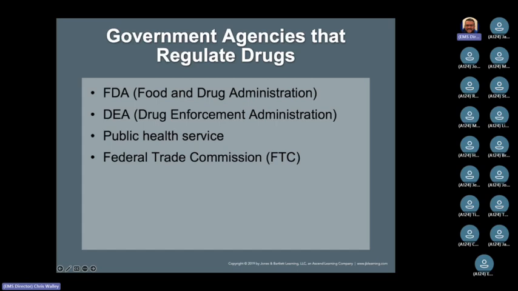This was created by the Federal Controlled Substances Act of 1970, and this is a particular division of the Justice Department. They're responsible for executing provisions of the Controlled Substances Act, which include regulation of physicians who are permitted to dispense controlled substances.